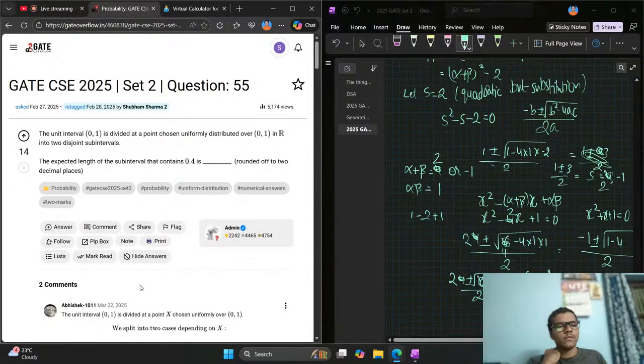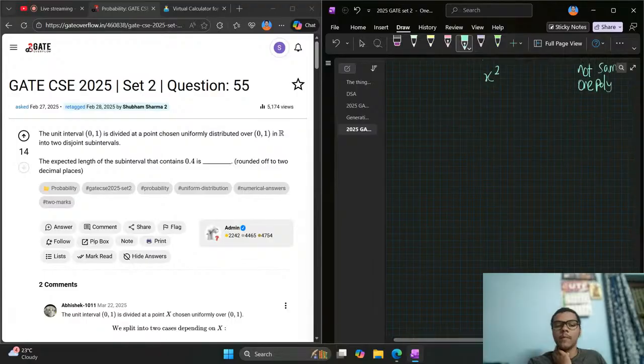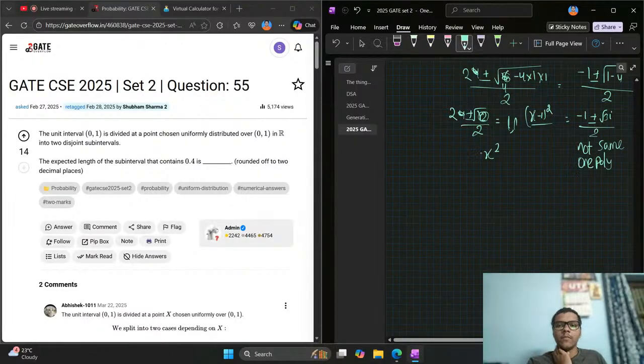The unit interval 0, 1 is divided at a point chosen uniformly over the distribution into two disjoint subintervals. The expected length of the subinterval that contains 0.4 is. This is again probability. We do not have an idea about probability. Uniform distribution.